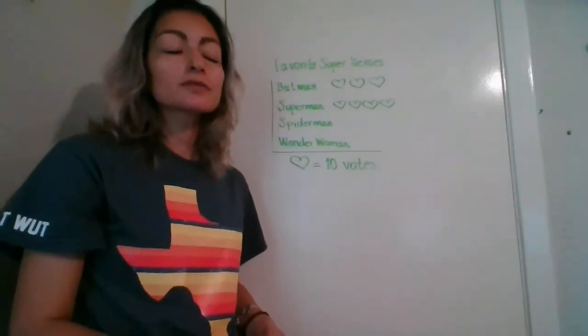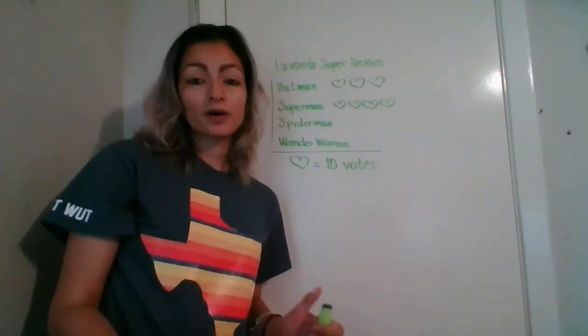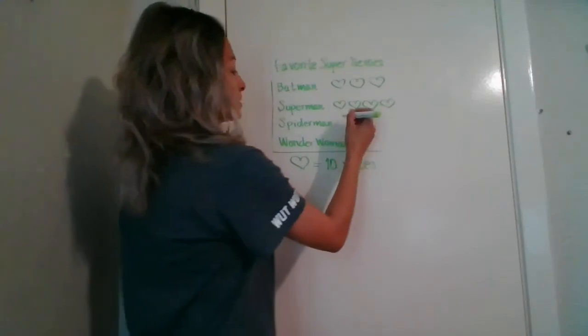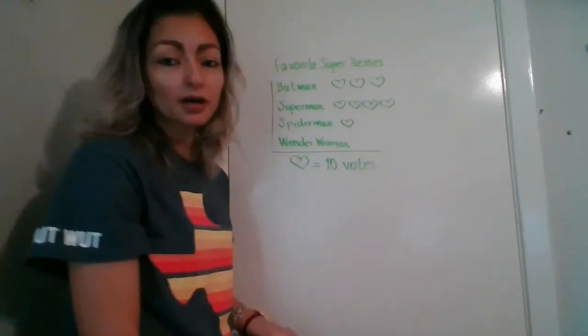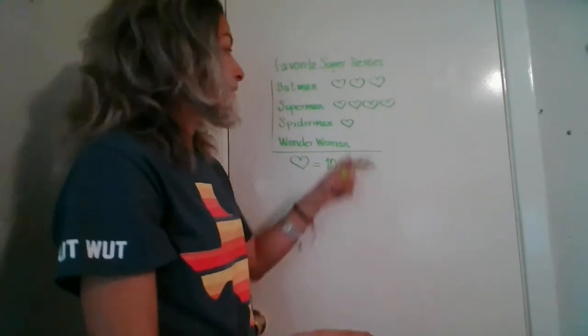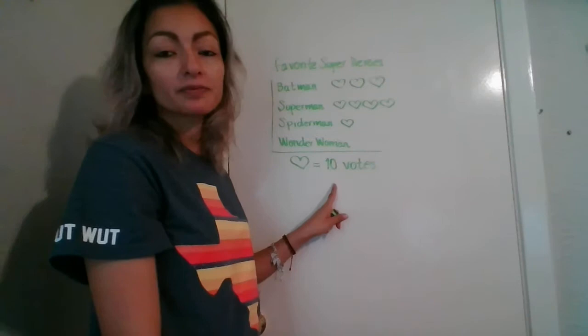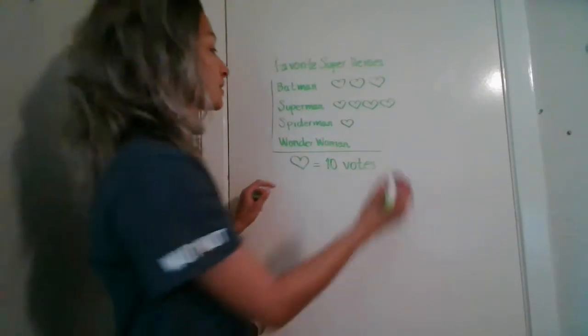But what happens when they tell me Spider-Man got 15 votes? Well, I know how to represent 10, which is 1 heart, but how would I represent the remaining 5? Since 5 is half of 10, I'm going to represent them with only half the heart.